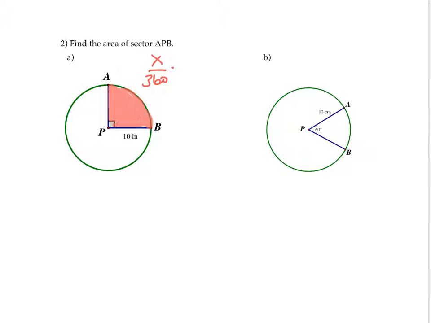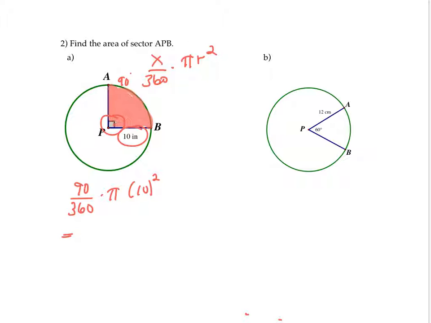But this time we're looking for area, so we're going to multiply by pi r squared. Our angle in this case is 90 degrees. So take 90 divided by 360 times pi times the radius of 10 squared.